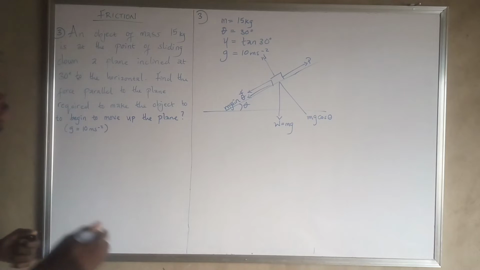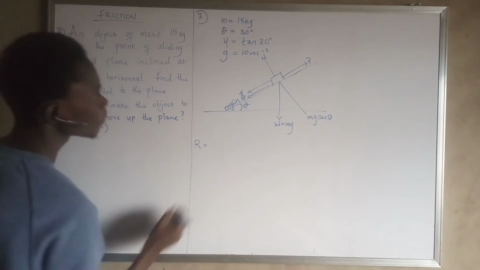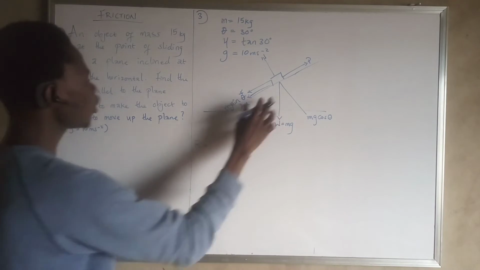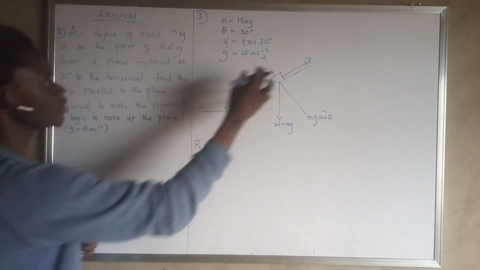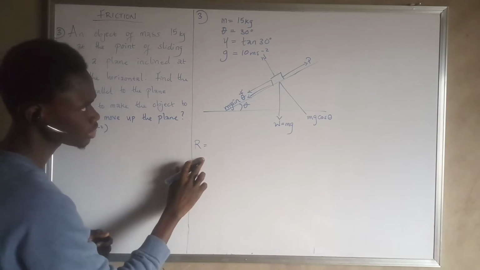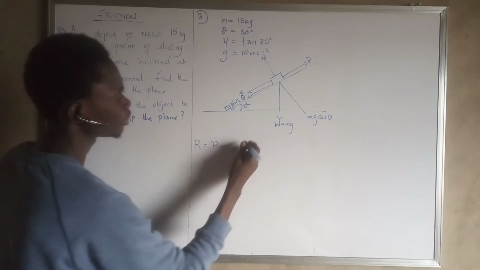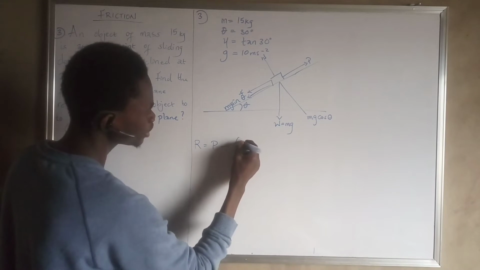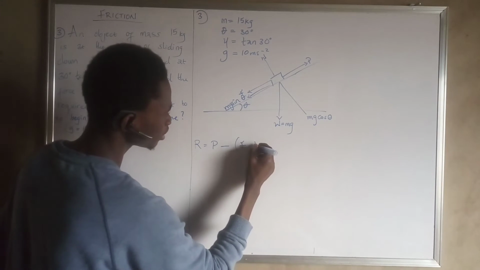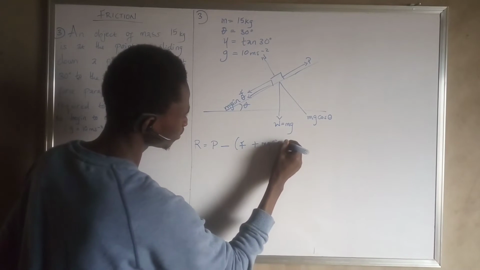So the resultant force, for the object to begin to move off the plane, this force must be greater than the two other forces. So we say this resultant force is equal to applied force minus frictional force plus mg sine theta.